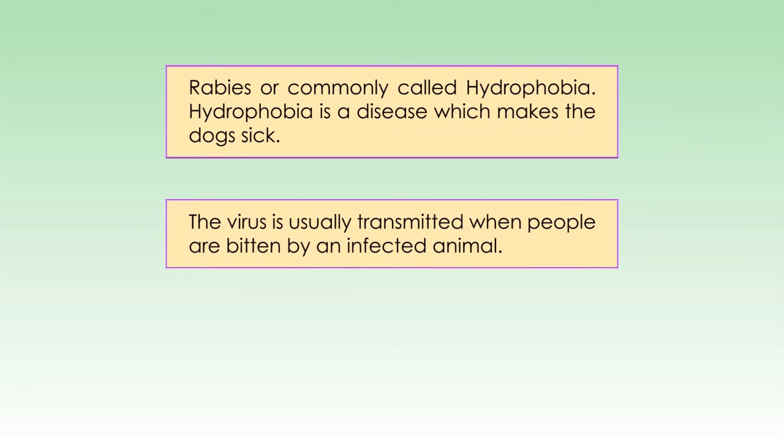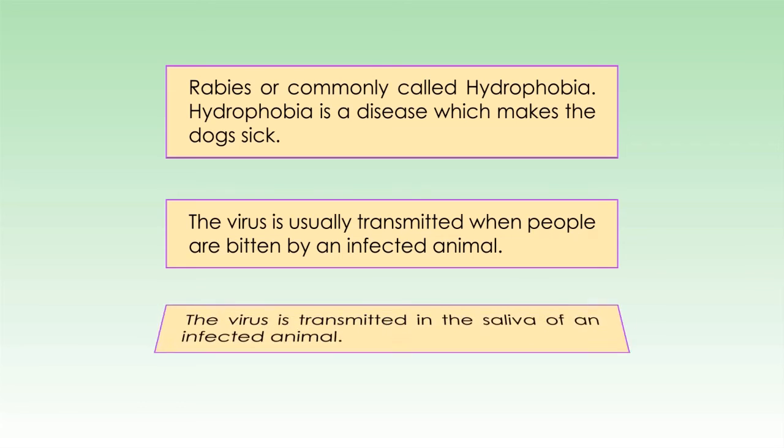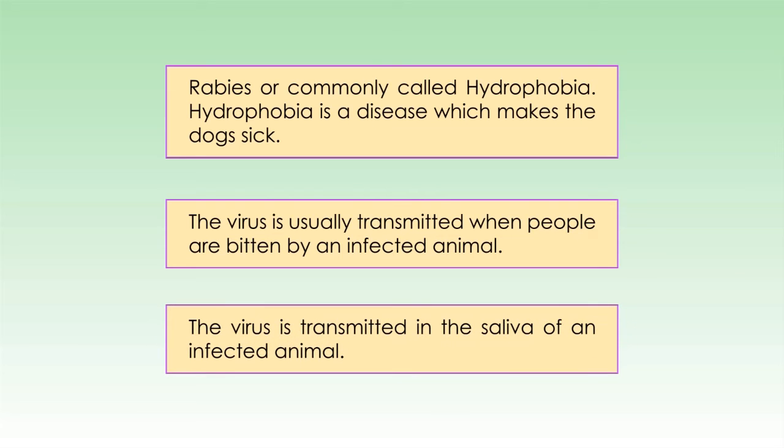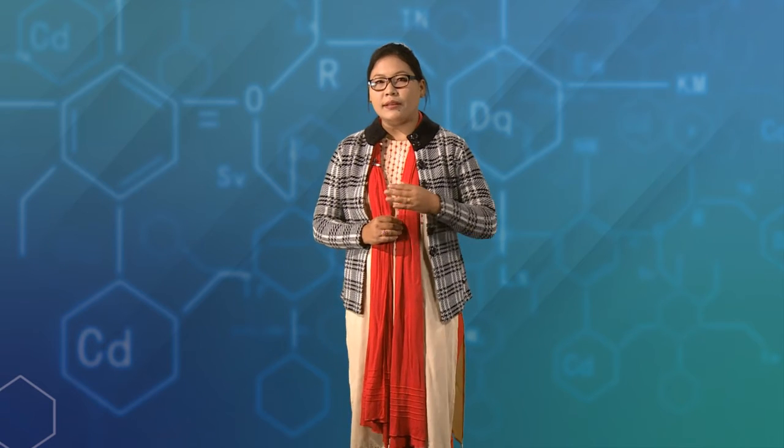The virus is usually transmitted when people are bitten by an infected animal. The virus is transmitted in the saliva of an infected animal. From the point of entry, the rabies virus travels along the nerves to the spinal cord and then to the brain where it multiplies.